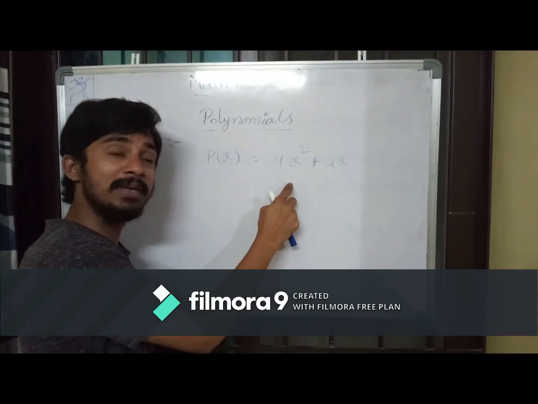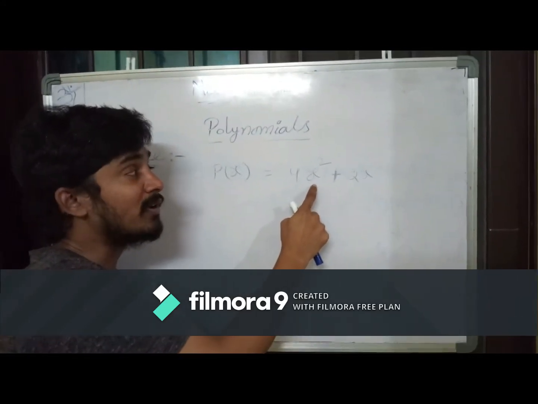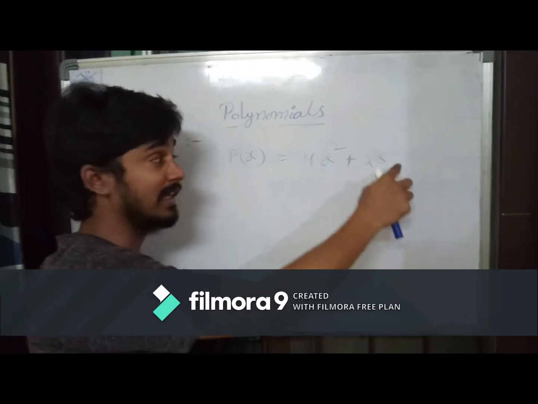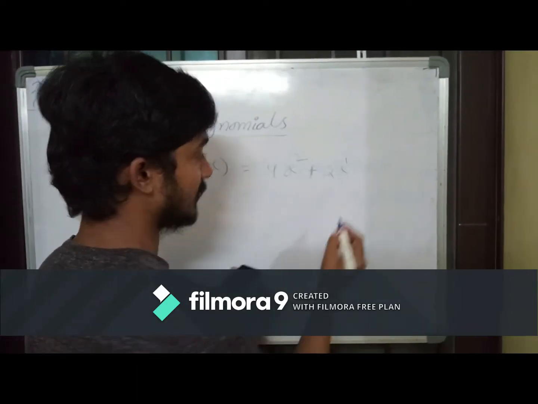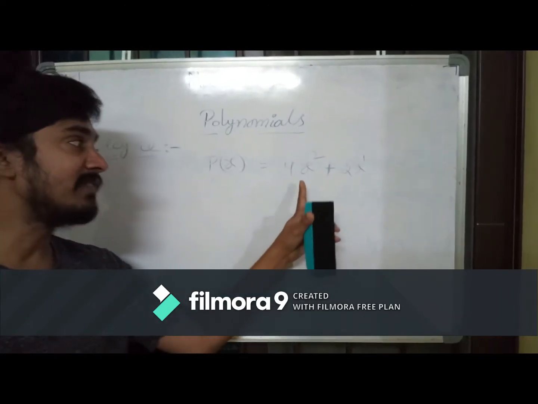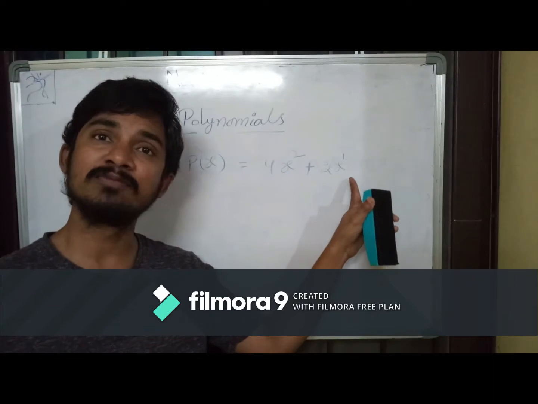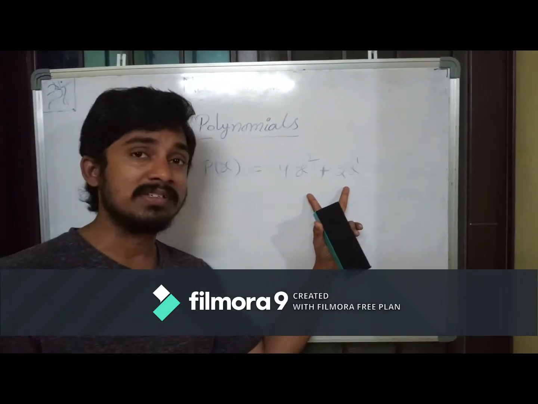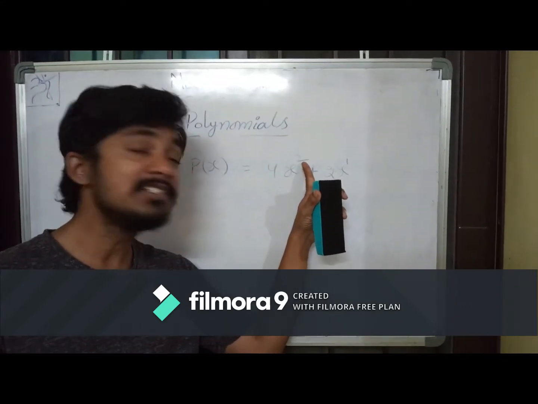For this polynomial, for the first term, the power of the variable is 2. For the next term, the power of the variable is 1. Here 2 into x means x power 1. In these two terms, the highest power of a variable is 2.